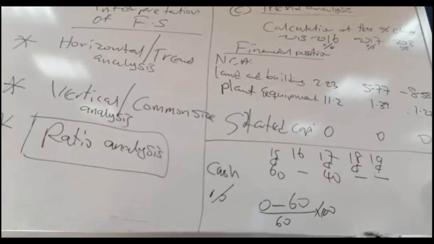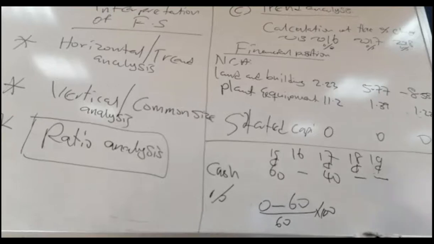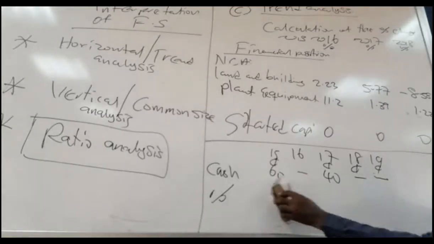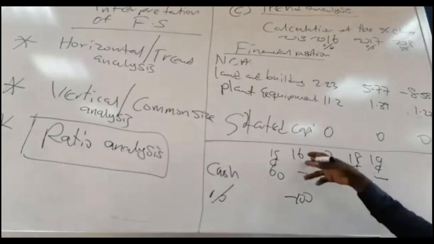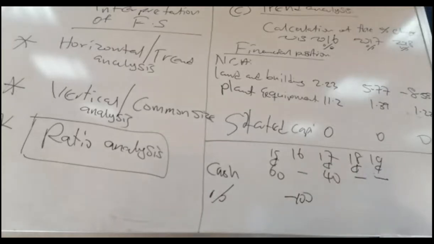Minus 100 means the entire amount is cleared. So it has decreased by 100%. It has been written off. So you put it there as negative 100. It means that the entire item has vanished. Whenever we see dash, that particular year will be negative 100.